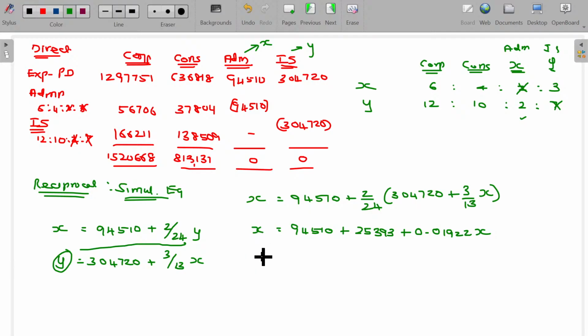Now finally I can solve this for x. X is equal to 1,22,243. You have to add up these two and divide by 1 minus this number.